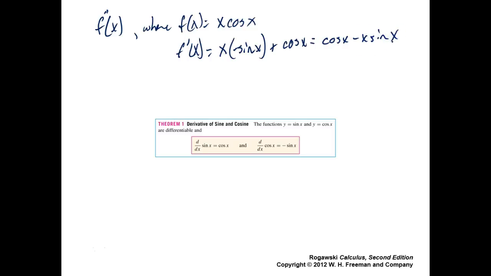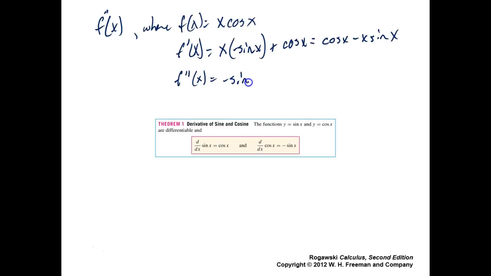What would be f double prime then? Let's use that one there. So cosine x. Would you just go ahead and bring down the cosine x? Nope. You take the derivative of it. So negative sine x.